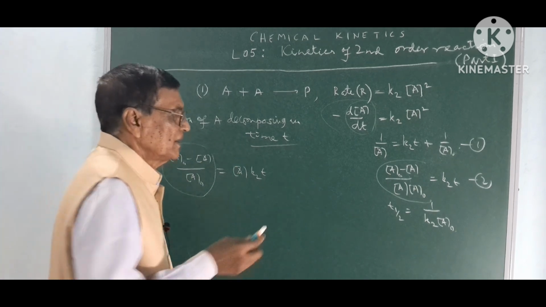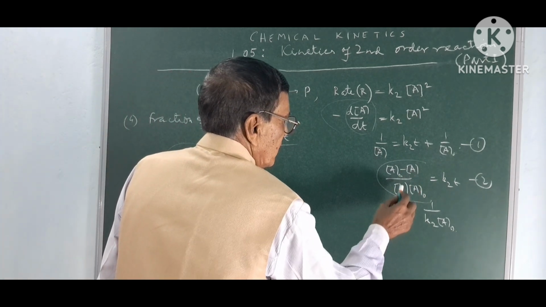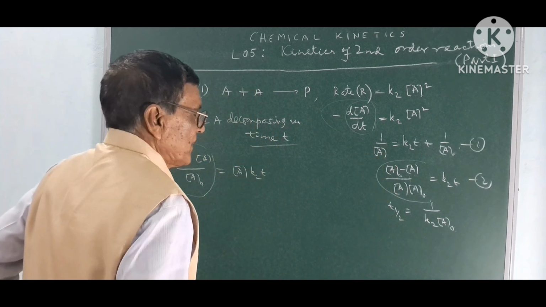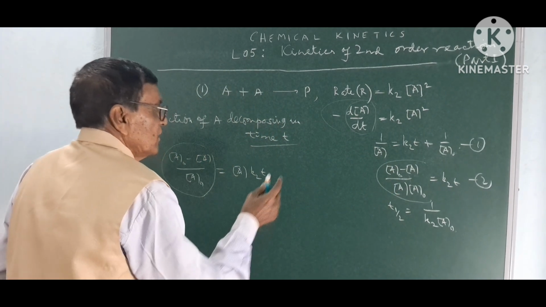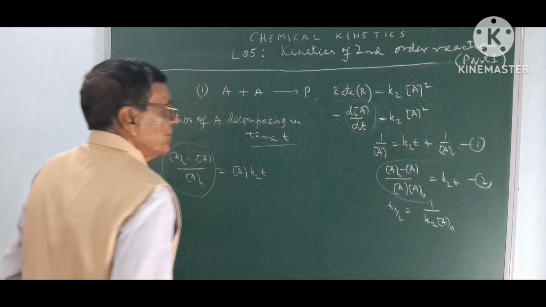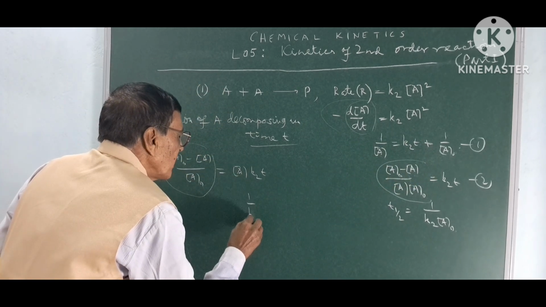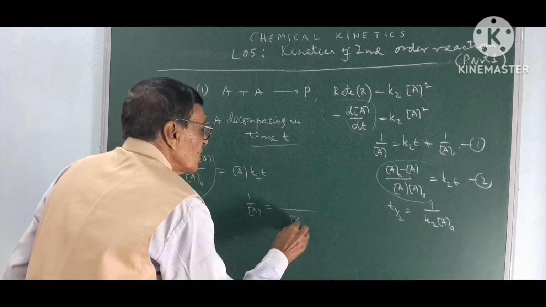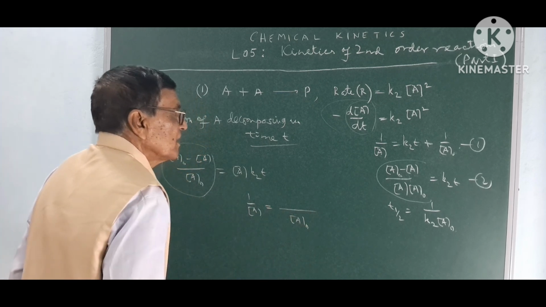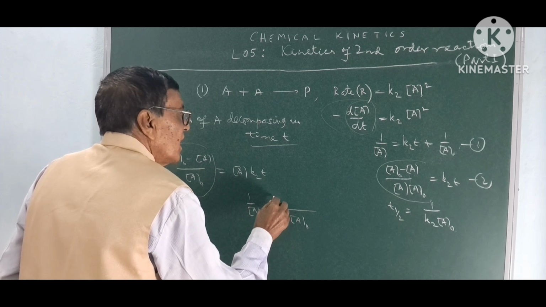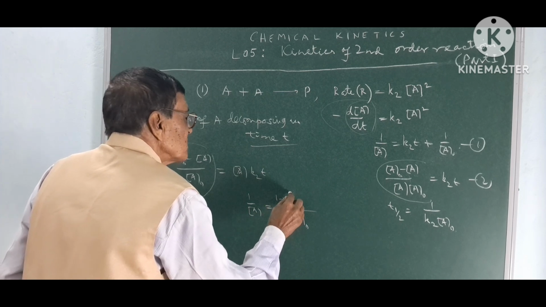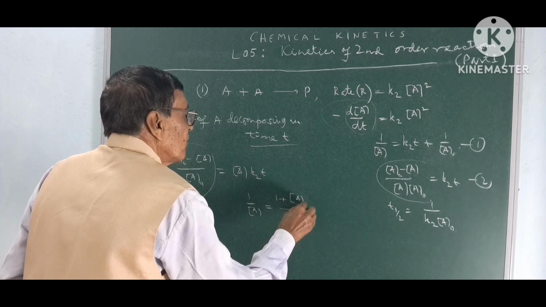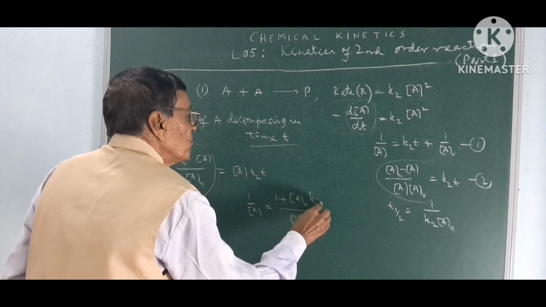From this we can get 1 by A equals 1 by concentration of A naught plus K2 T, that is, 1 by A equals 1 by A naught plus K2 T.